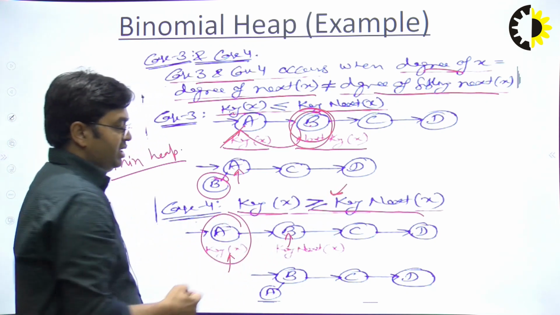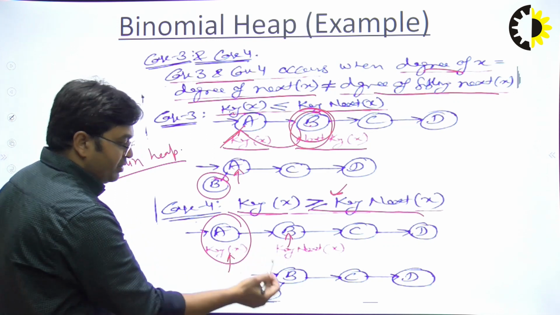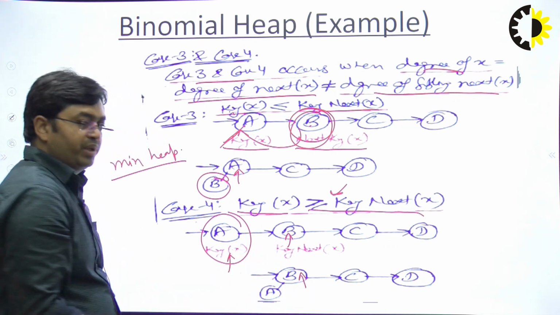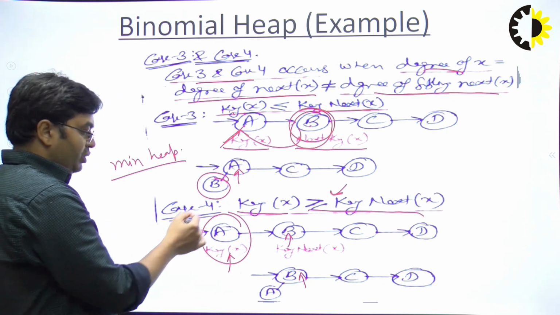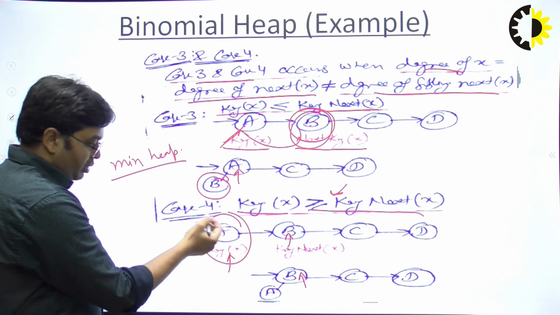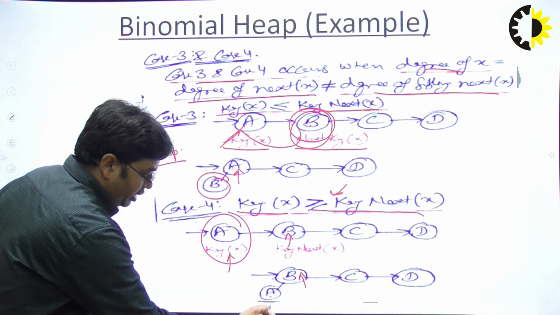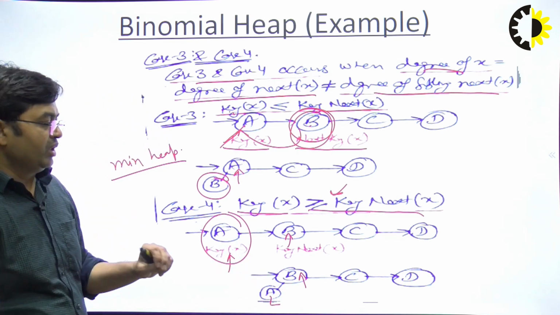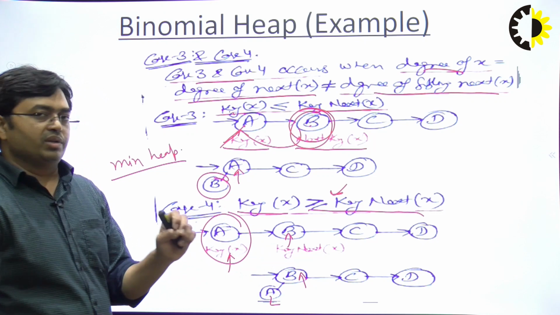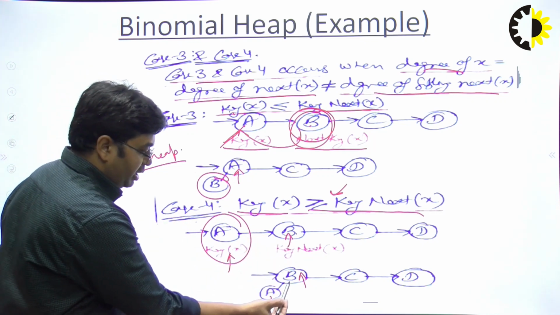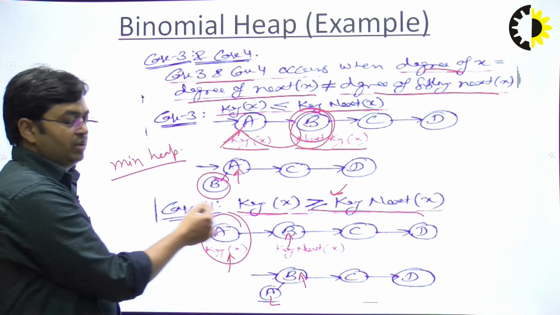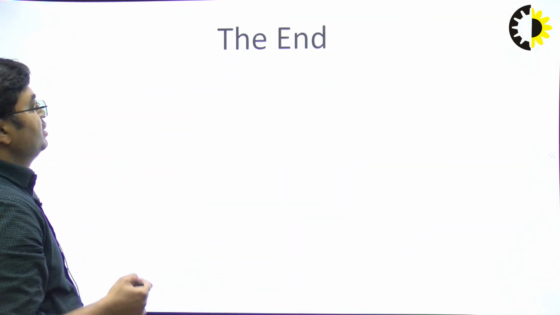From this condition, the lesser value node has to become the root node and the whole part will become the left child of b. Means b becomes the parent of this node.